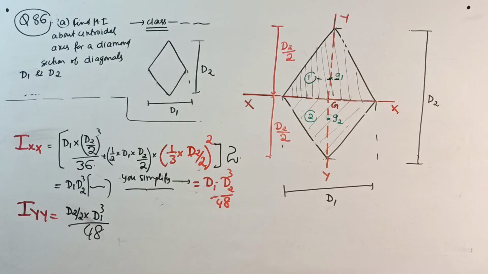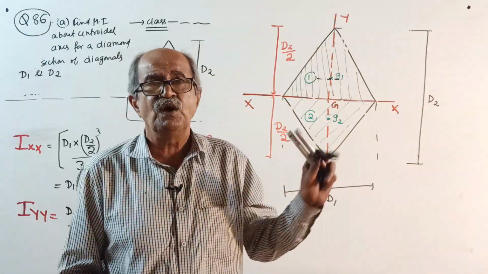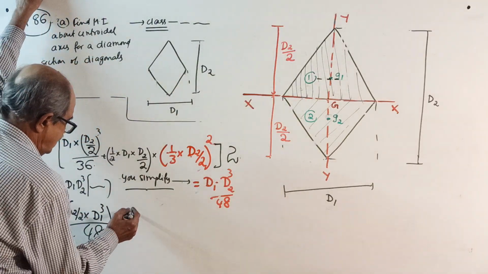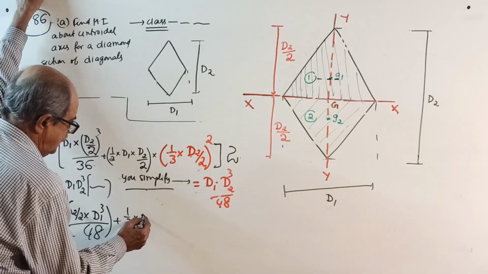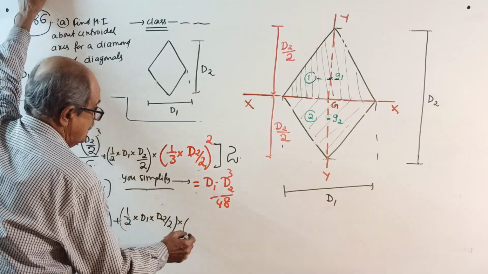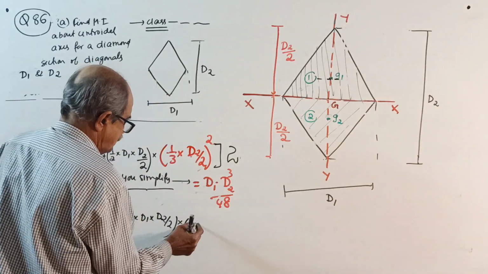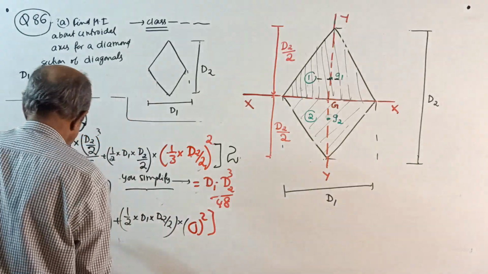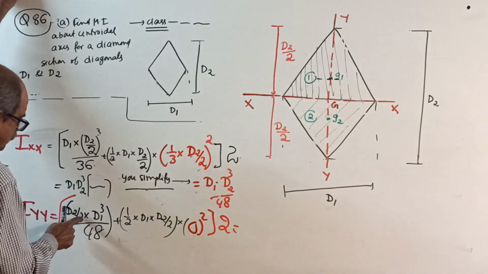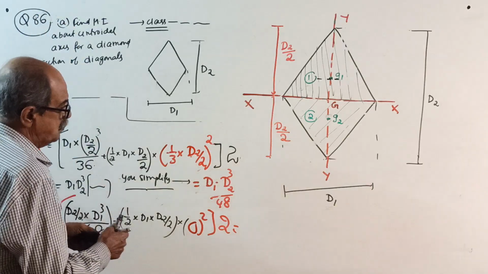Oh, visible, okay. Why this 48 is not that 48? This 48 is not that 48. Isosceles triangle property, I told, plus area, half into D1 into D2 by 2 is the area into centroid lies in YY into 0 square. 0 square multiplied by 2. Calculate. See, D2 by 2 into 2. 2 will cancel. D2 into D1 cube by 48.